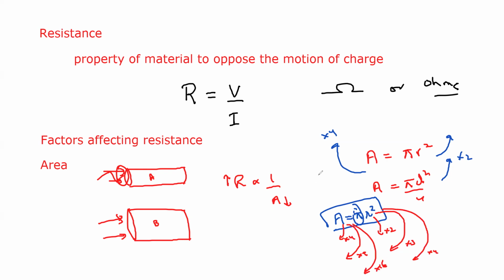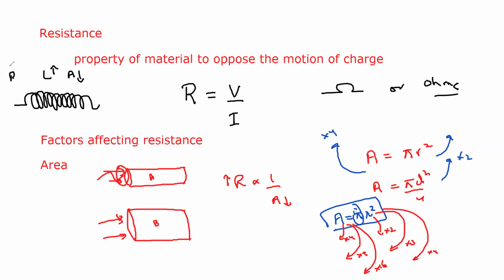So long wires and thin wires have higher resistance than short and thick wires. That is why when you see the filament of a bulb or a heater, you will find it is coiled and very thin. Why is it coiled? Because when it is coiled, it will have a greater length in the same distance. And why is it thin? Because it will have a high resistance.